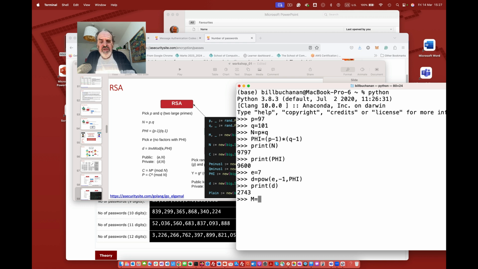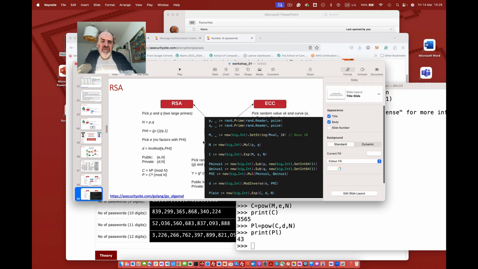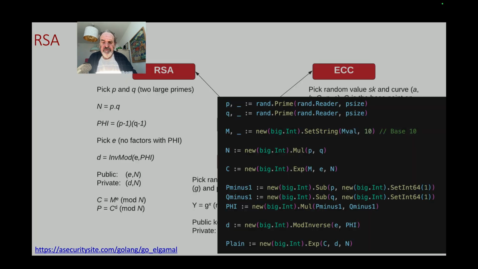Okay, so if we have a message of 43, then the cipher becomes m to the power of E mod n. So that is this value. And then the plain text will be C to the power of D mod n. So hopefully we'll end up back with the message value, which is 43. Okay, so that's the simple operation of RSA there.